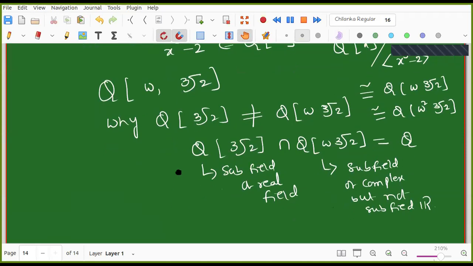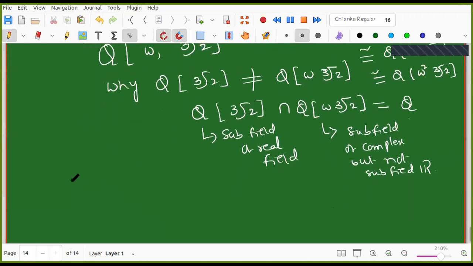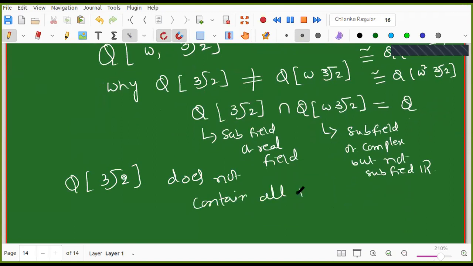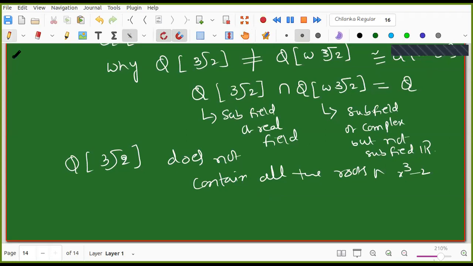So what is happening here is that this Q(cube root of 2) does not contain all the roots of x³ - 2. So what is the smallest field containing all the roots of this one?